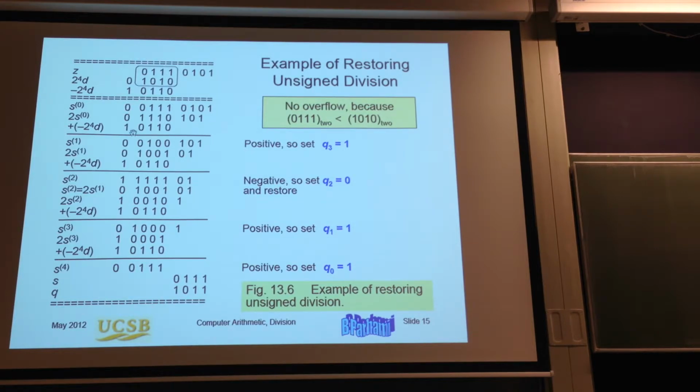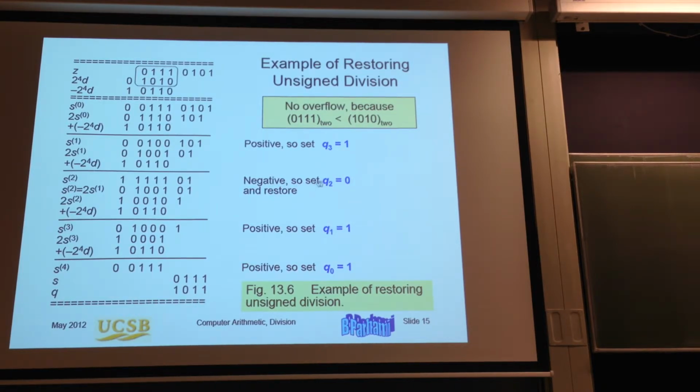Then I shift and do the subtraction. This is my result. As you see, the result is positive, so I can set Q3 to 1. I can update the trial difference, shift, and try again. Now this will give me a negative number. This is the result, which now is negative.